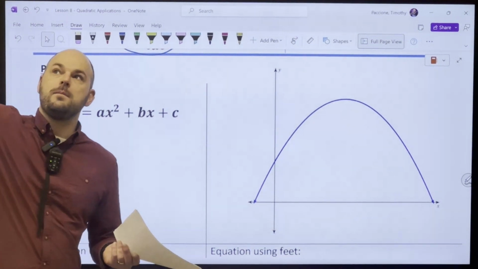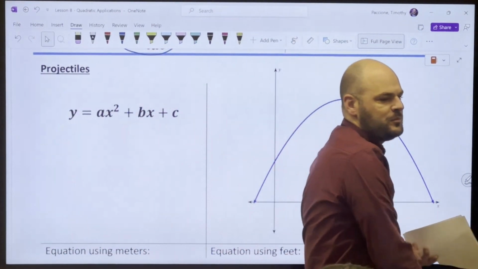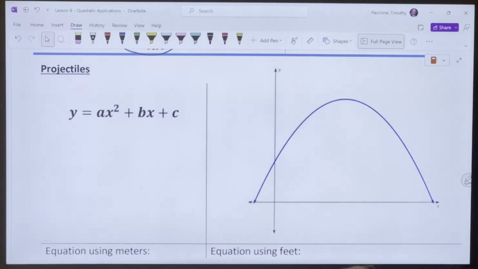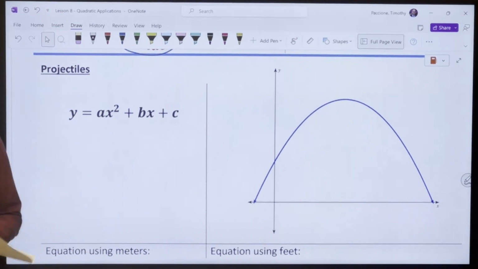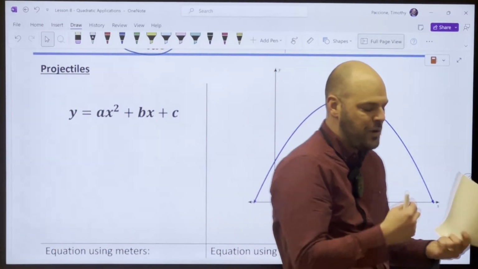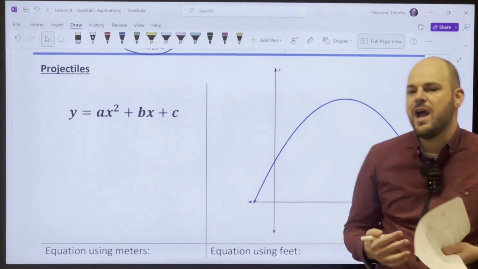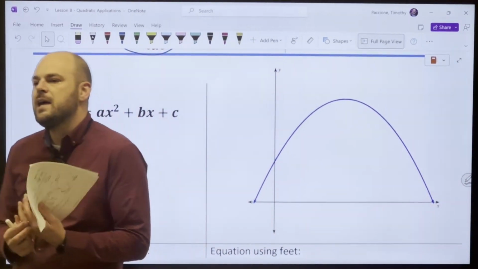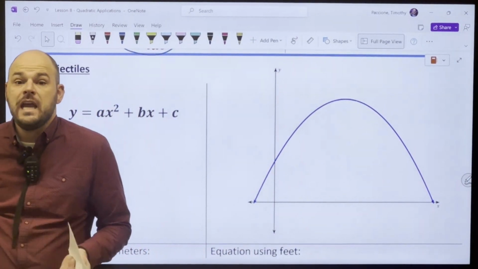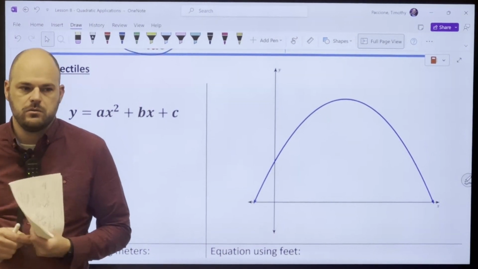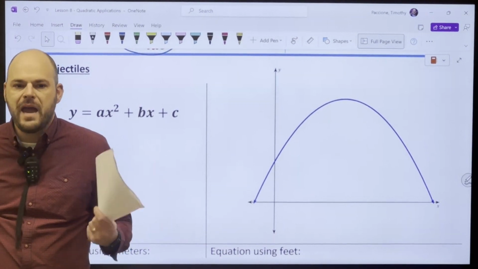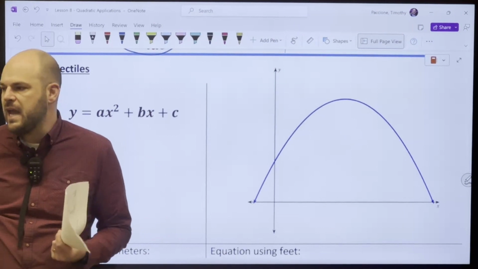It goes all the way up, and then it comes all the way down. What does that sound like to you? Parabola. Yeah, it does. So, hey, we learned all this knowledge about how to find things in parabolas, or in quadratic equations. Why not apply it? If somebody's launching a missile and they want it to hit a certain target, they do the math to figure out how to aim that missile.